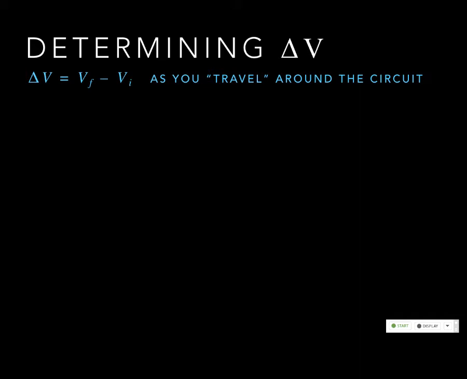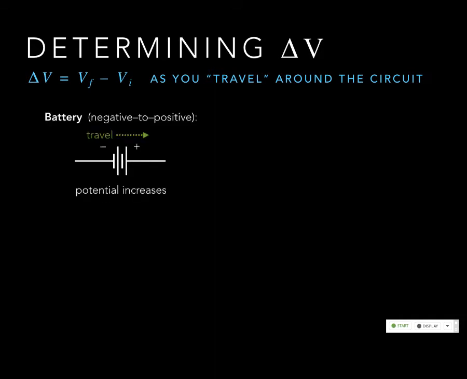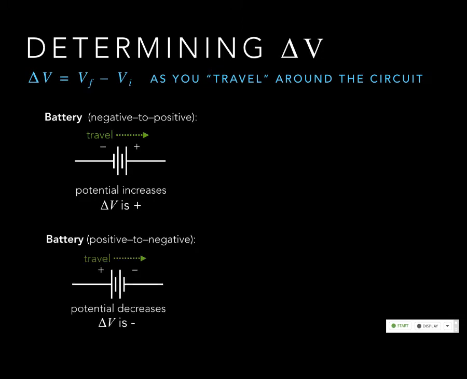If the direction of travel is from the negative terminal of the battery through the battery to the positive terminal, that is considered a potential increase, a positive delta V. Batteries are easy because, one, you don't have to keep track of current, and two, the change in V is just a number for the most part. And if you go the other way, it's negative.